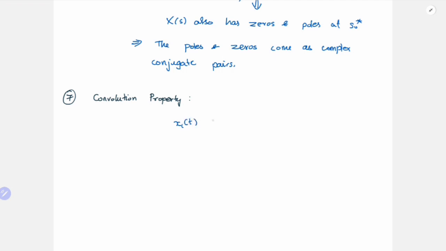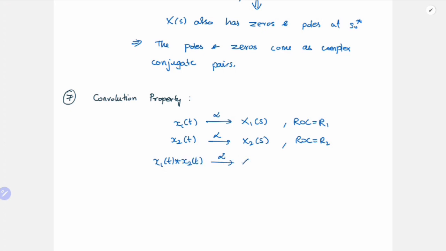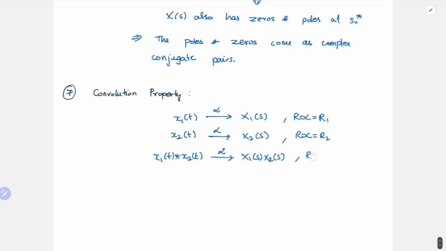So if x1 of t has Laplace transform X1 of s, ROC equal to R1, and x2 of t has Laplace transform X2 of s with ROC equal to R2, then x1 of t convolved with x2 of t will have a Laplace transform given by the product of X1 of s and X2 of s, and the ROC will contain at least R1 intersection R2, because here also there can be some pole zero cancellation.